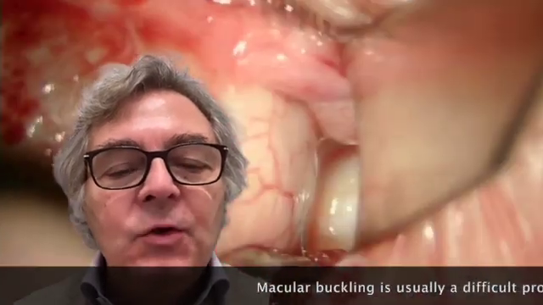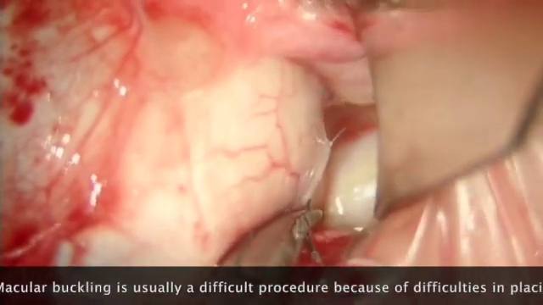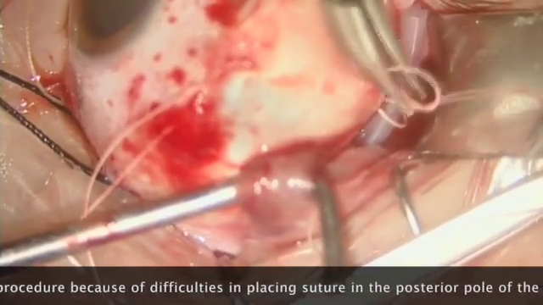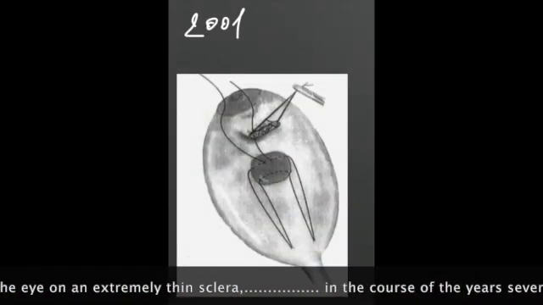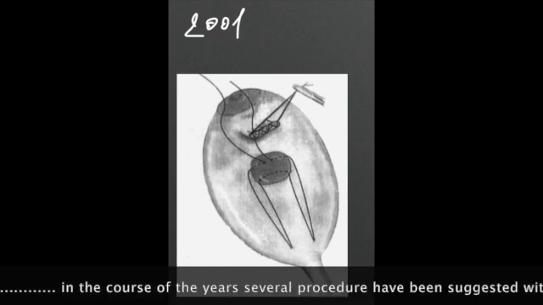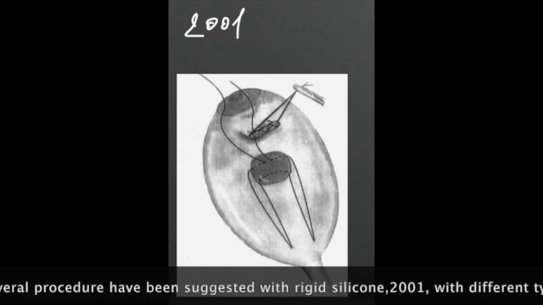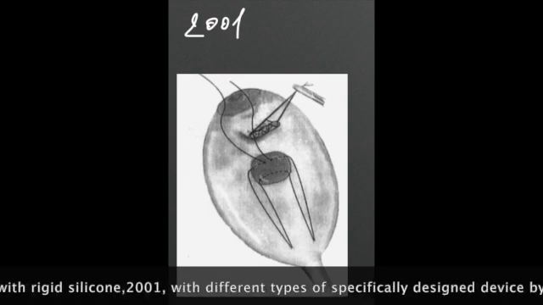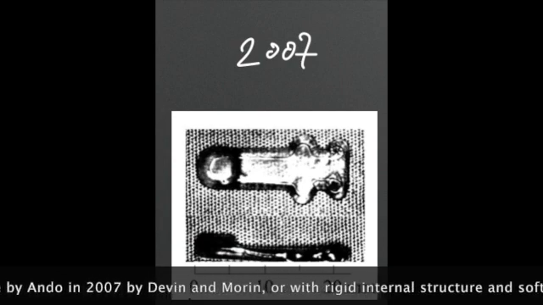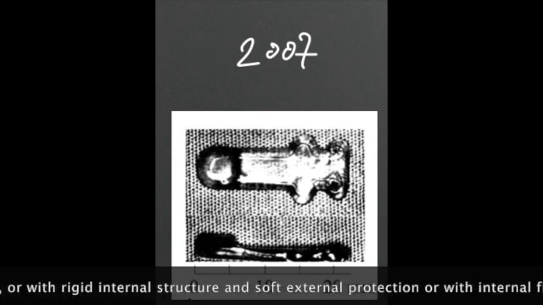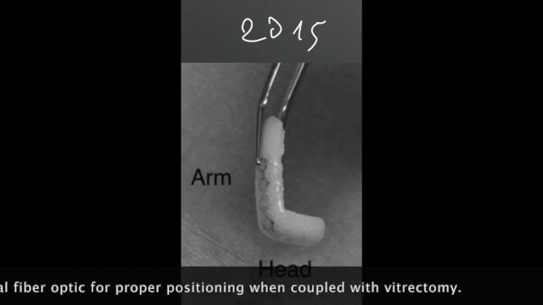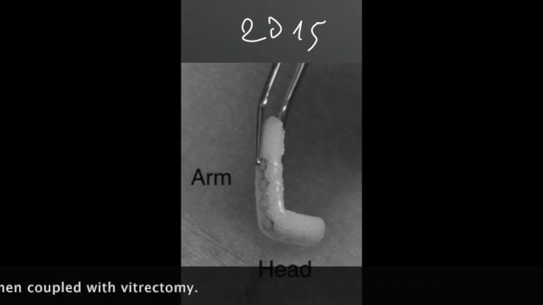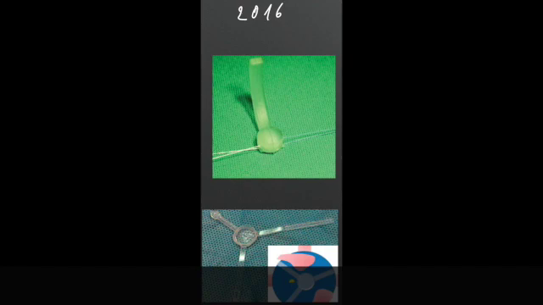Macular buckling is usually a difficult procedure because of difficulties in placing sutures in the posterior pole of an eye with an extremely thin sclera. Over the course of years, several procedures have been suggested with rigid silicone, with different types of specifically designed devices by Ando in 2007, by Devin and Morin, or with rigid internal suture and soft external protection, or with internal fiber optics for proper positioning when coupled with vitrectomy.